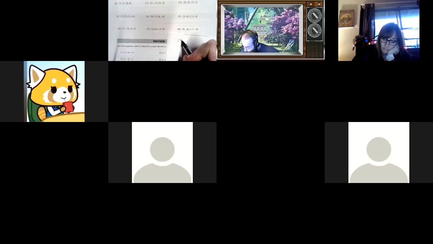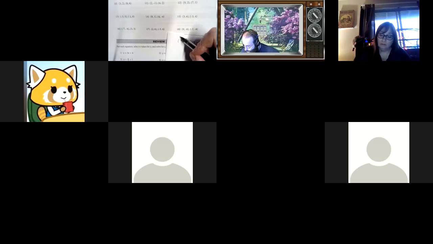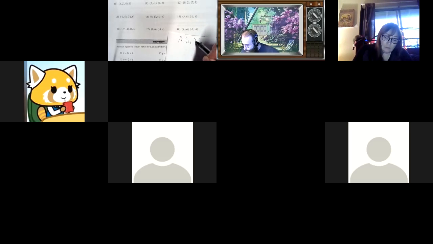We've got 9 and -6. That's coordinate 1. And then we have -7 and -8. And again, we're looking at XY. This side is X1, Y1. This side is X2, Y2.